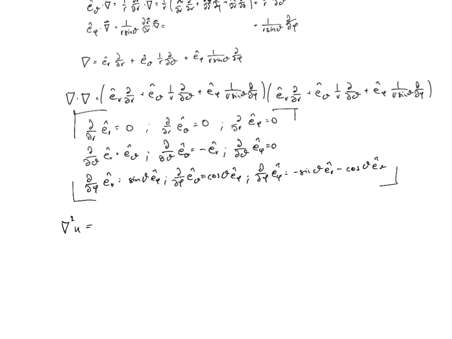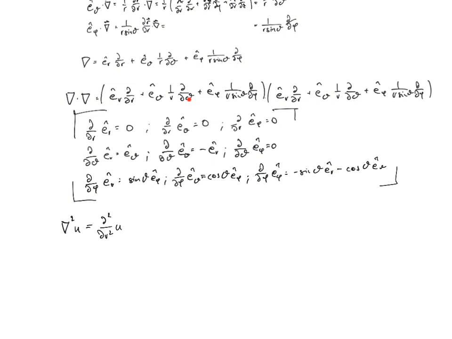Note also that scalar products like e_r times e_phi, for instance, are 0 because the unit vectors are orthogonal. Okay, so there are no further terms from the first term here acting on the second bracket. And then we can go on. So let me just write down from the first bracket, then we only get d squared over dr squared acting on u. Now from the second bracket, we get two contributions.